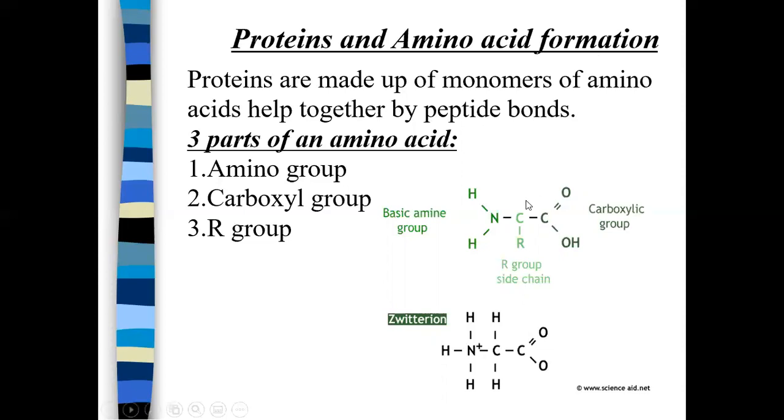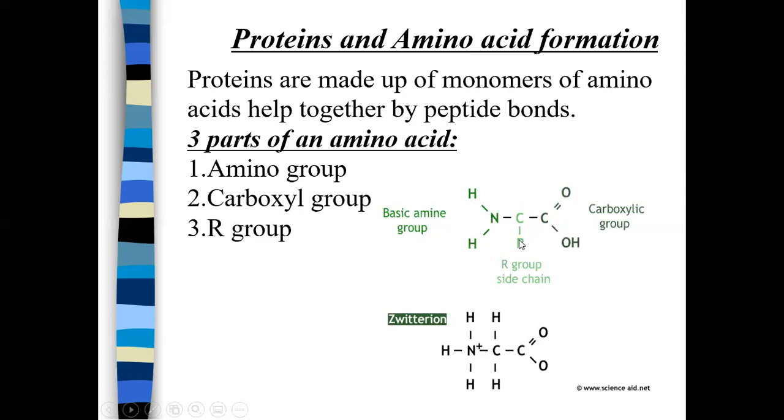And also, as carbon has 4 valency, here hydrogen is bonded to carbon. But in some nomenclature, we do not write hydrogen. So this one is the amino group, this one is the carboxylic group, and this is the R group or side chain.